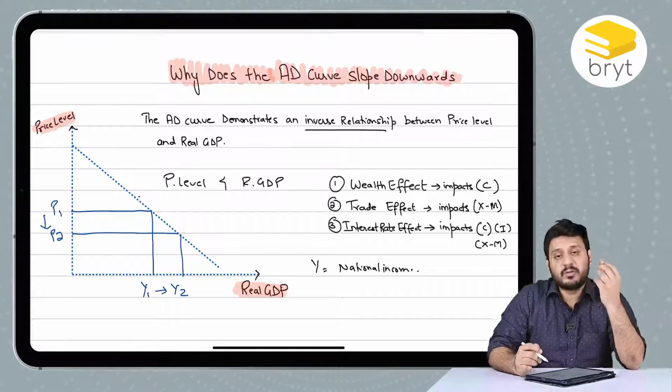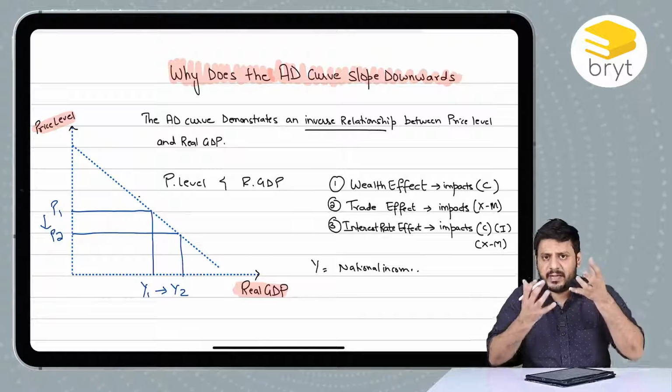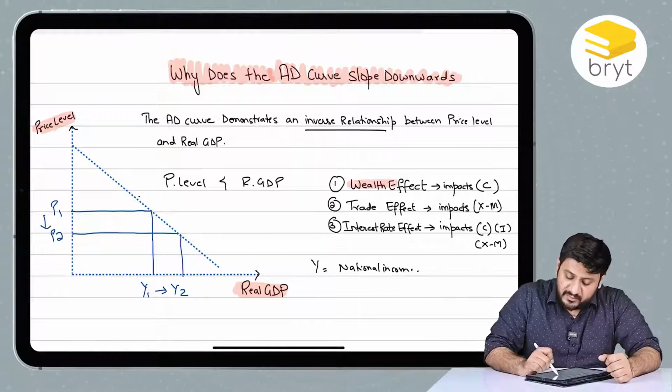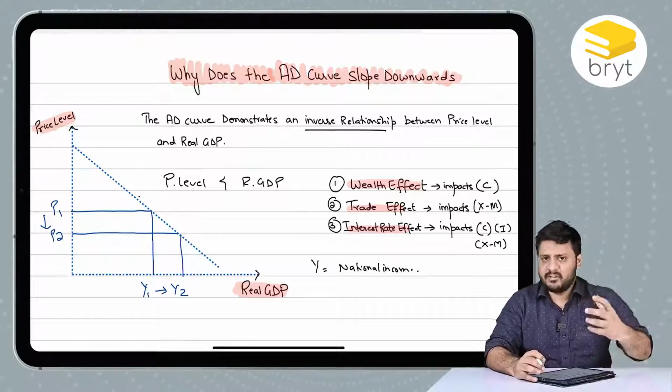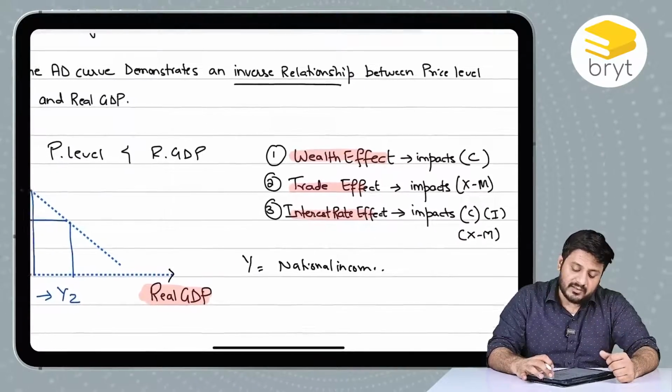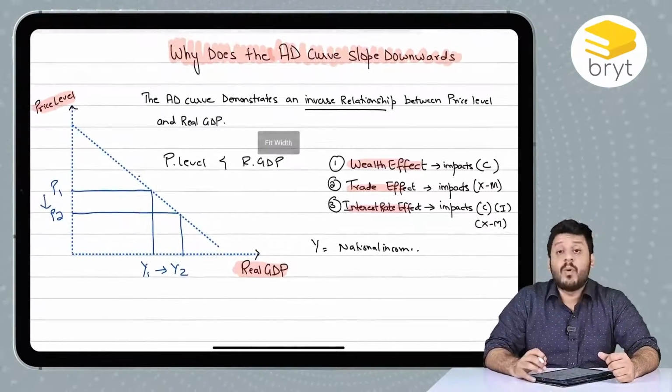There are three reasons, or you can say three effects, that play that role. The first is the wealth effect, the second is the trade effect, and the third is the interest rate effect, and we'll see each of them now. Let's first consider the wealth effect.